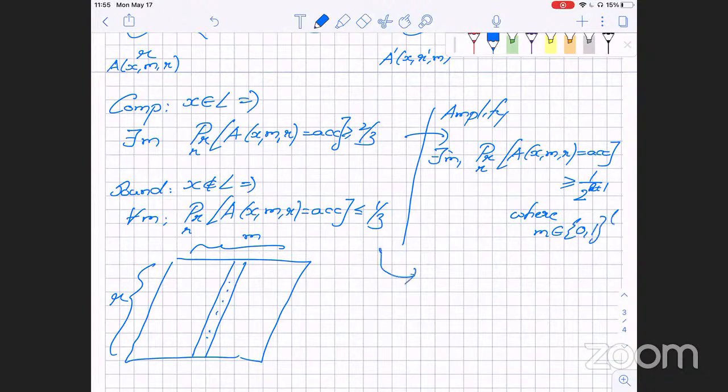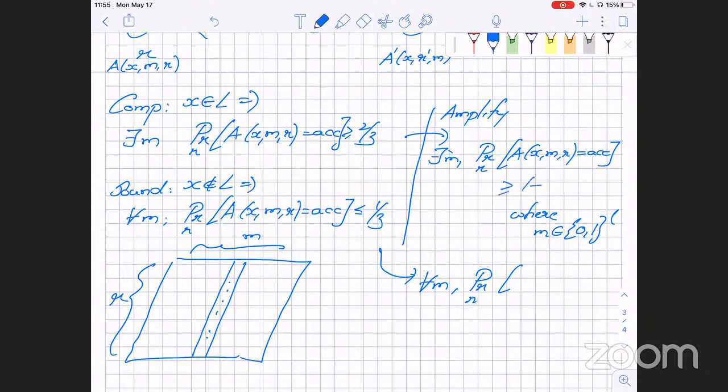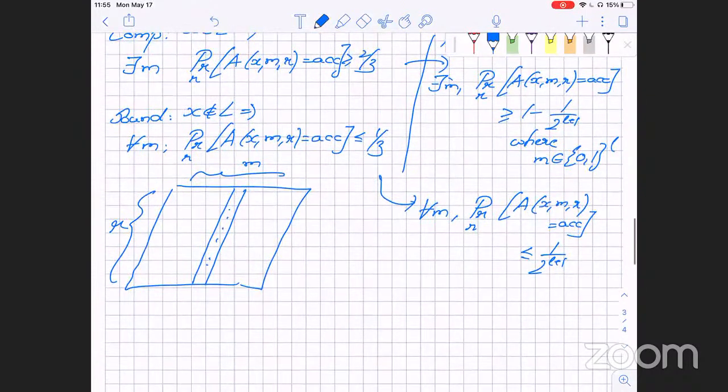And in this case, you will amplify so that for all M, the probability over R that A of X, M, R accepts is less than or equal to 1 over 2 to the l plus 1. So suppose we did this amplification.